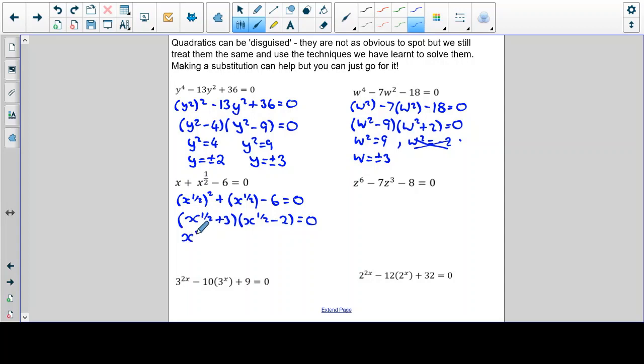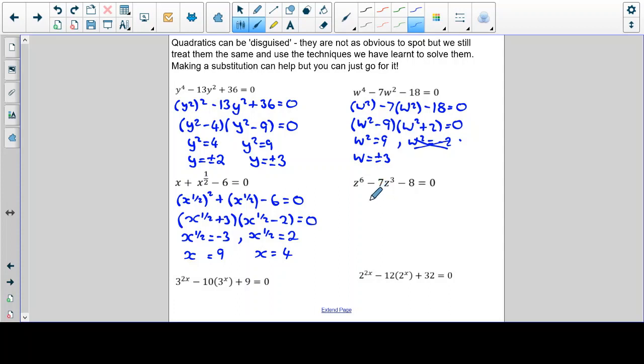So x to the power of a half has to be minus 3 for this one, and x to the power of a half is positive 2 for that one. So to get back to what x is, we would have to square them. Squaring this gives us our solution of 9, and squaring this gives us our solution of 4.